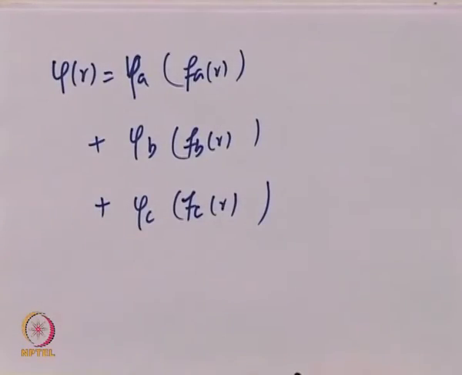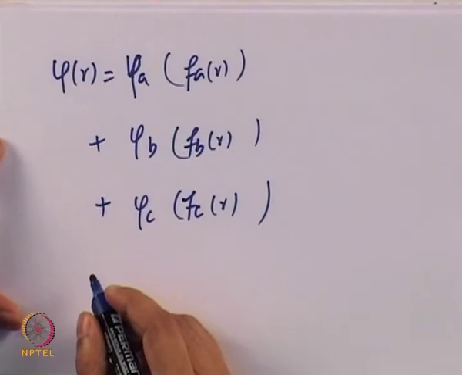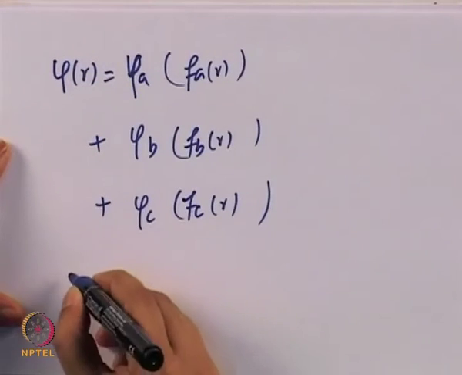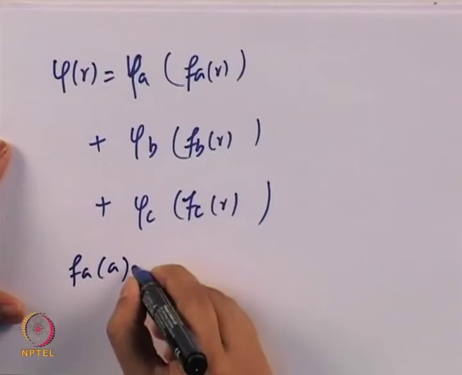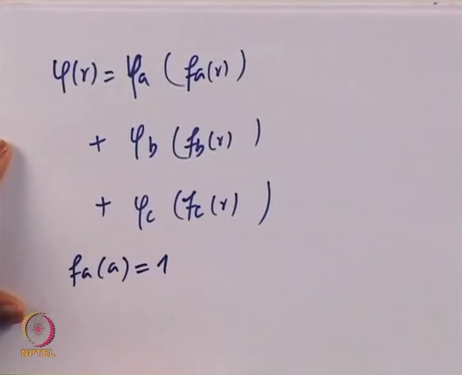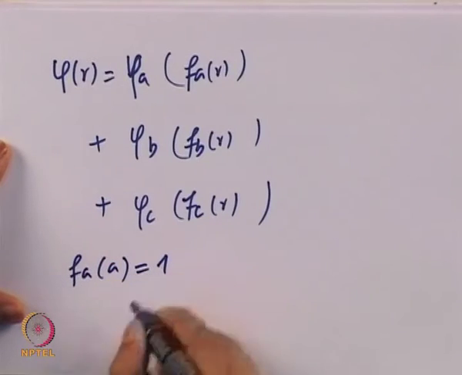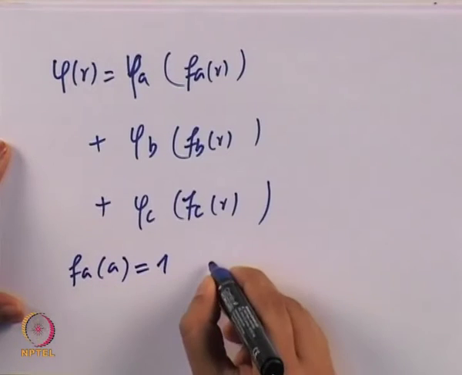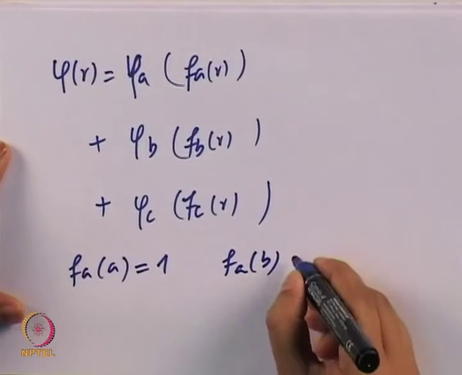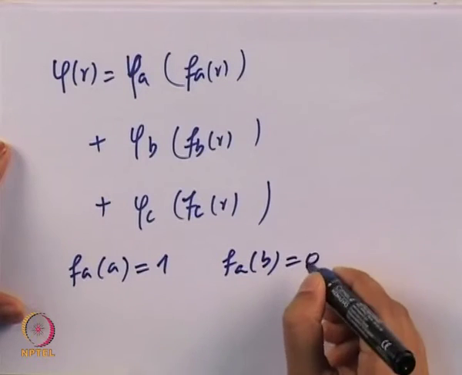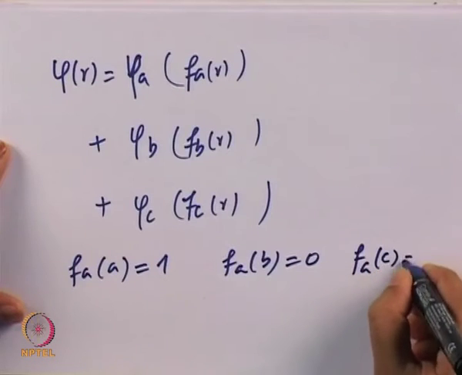So this being the case, we can write the equation subjected to certain conditions. The conditions are f A of A is equal to 1. So this is when R equal to A, for f of A the value will be equal to 1. F A of B, R equal to B, is going to be equal to 0, and f A of r equal to c is equal to 0.